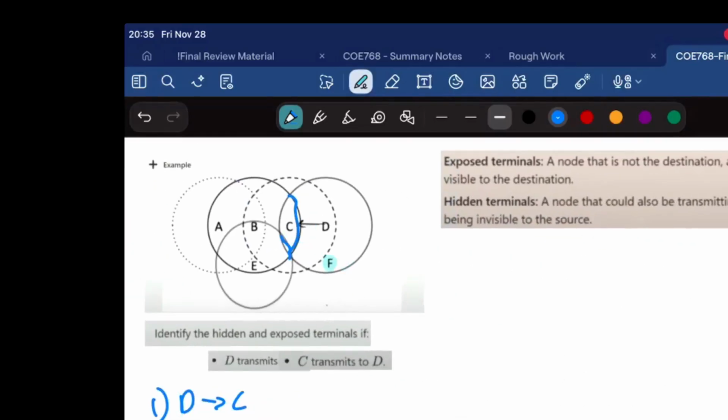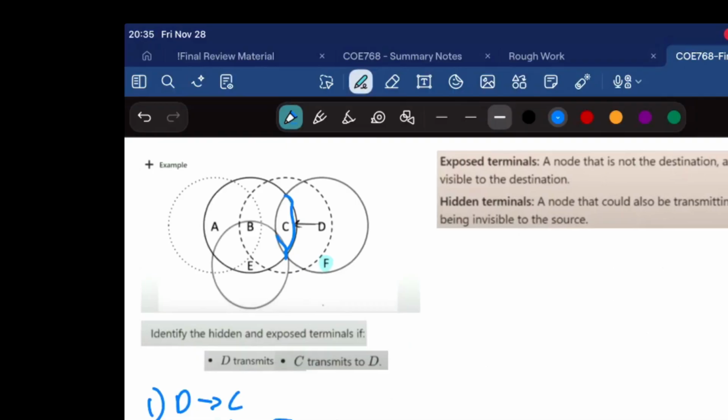Therefore, the hidden terminals, I'll just call them T's, could be B or E, and then the exposed terminals in this case are going to be C and F, because that's what it can see and that's what it could end up transmitting to.